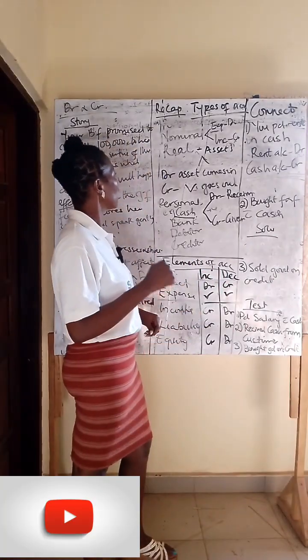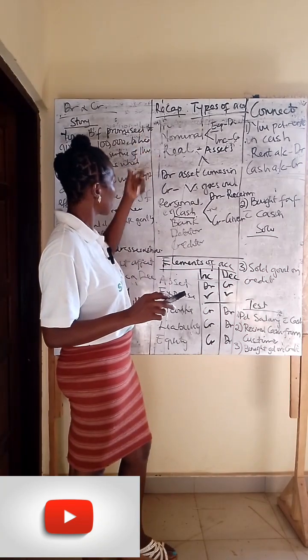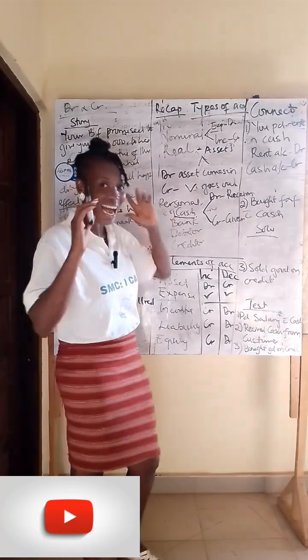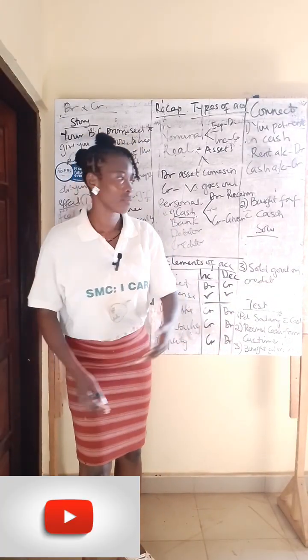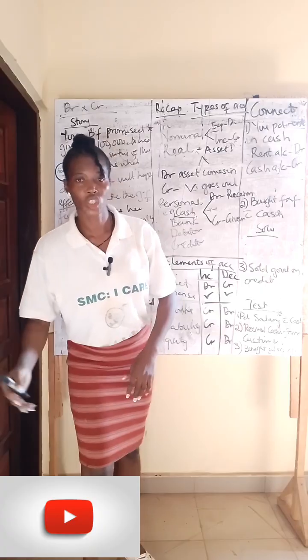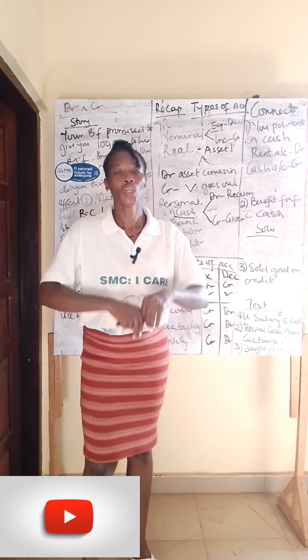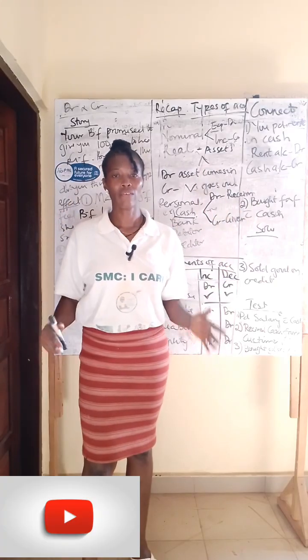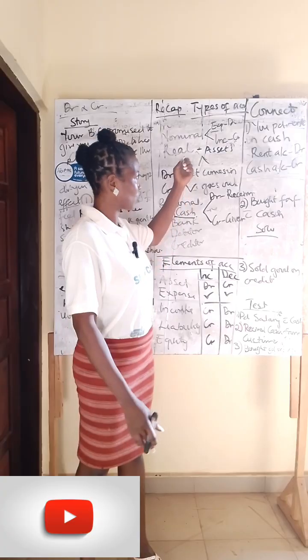All right. Now we have three types of account: nominal, real, and personal account. Now the real account has to do with things like assets, properties, furniture, land, things you buy with the intention to use them for a very long time, more than a year. They fall under your assets, they fall under your real account.